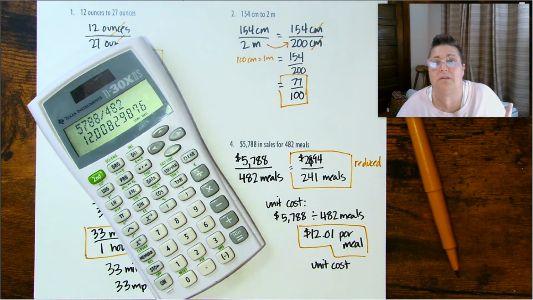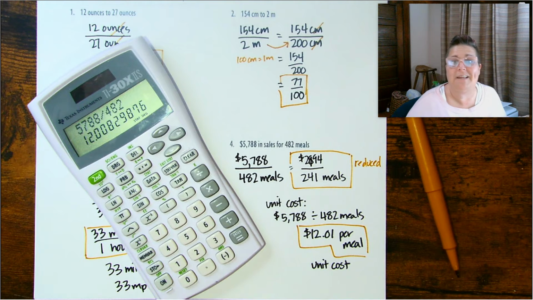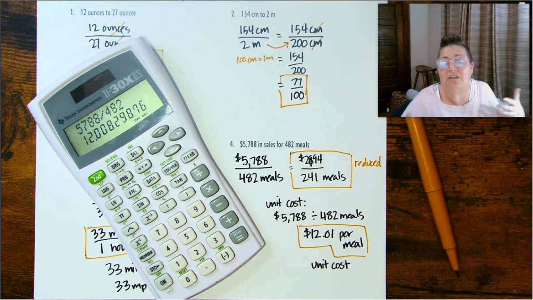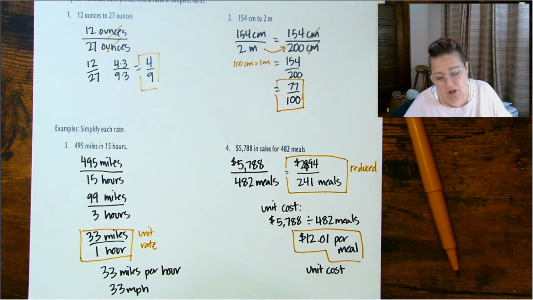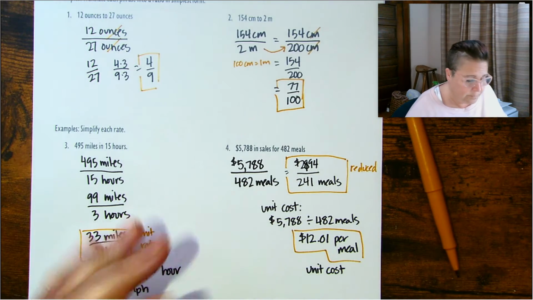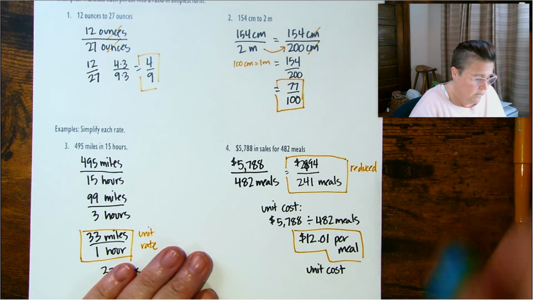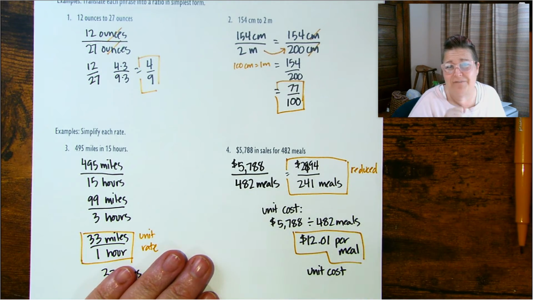This is an important piece of information. When you're working in a restaurant, you want to know what the average ticket cost is. That's the unit cost or the cost per person. It's always the cost divided by the people, averaged out. So yeah, but that's a slightly different thing than a rate.